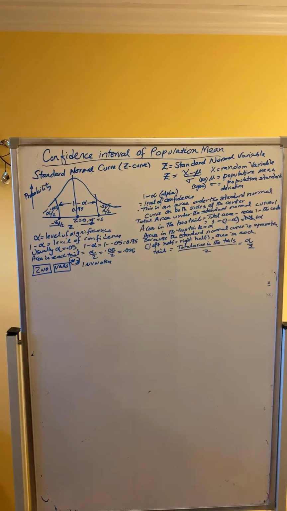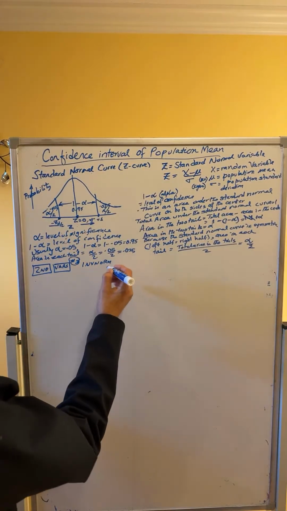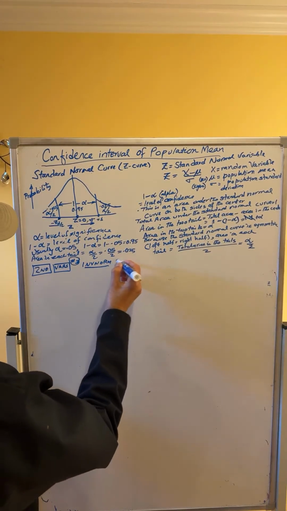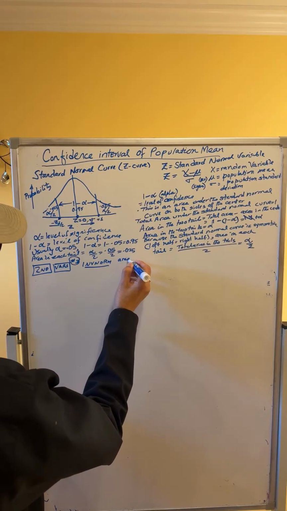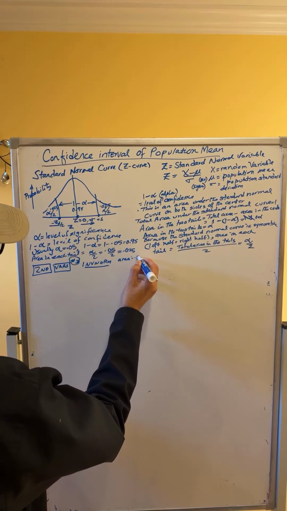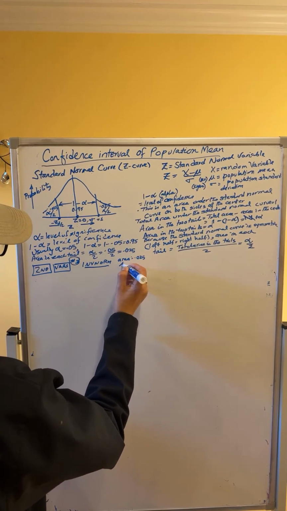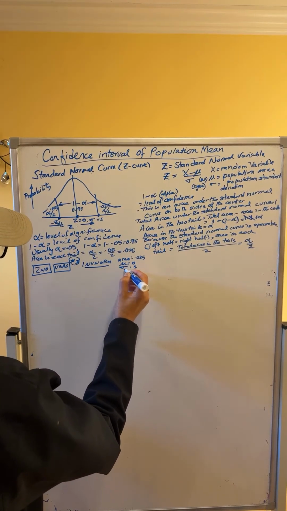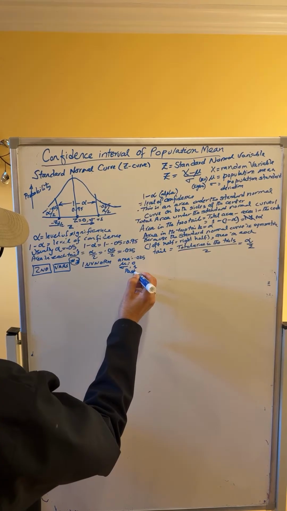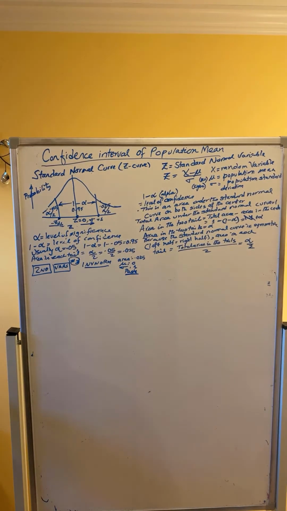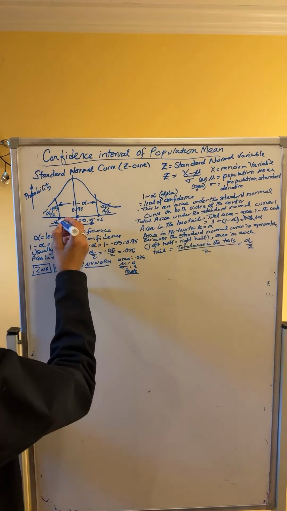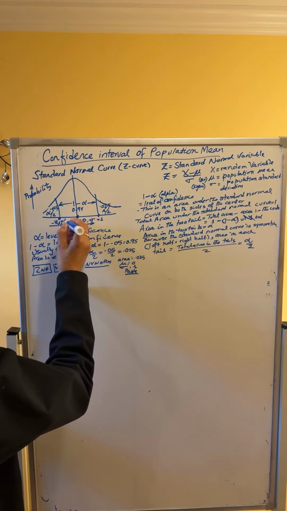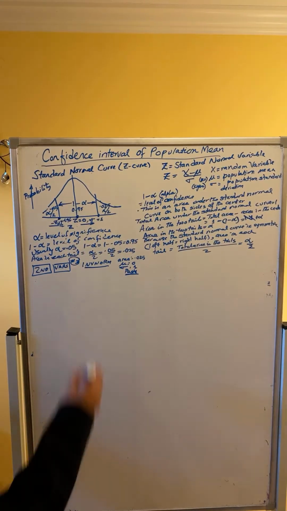And for this minus z alpha, invNorm will ask for area equal to 0.025, mean is 0, we are not going to change that, sigma is 1, and we paste. Okay, so minus z alpha by 2 comes out as minus 1.96.